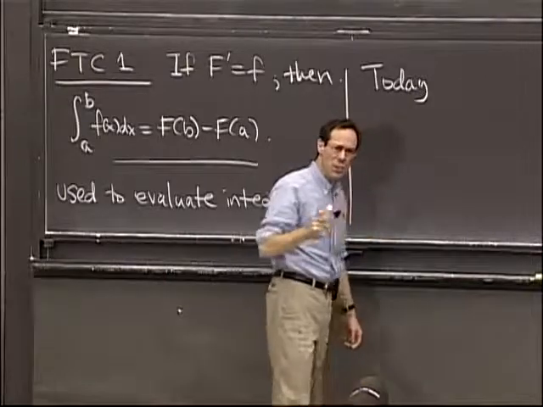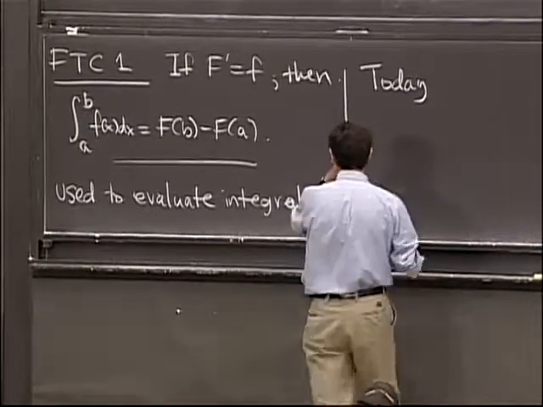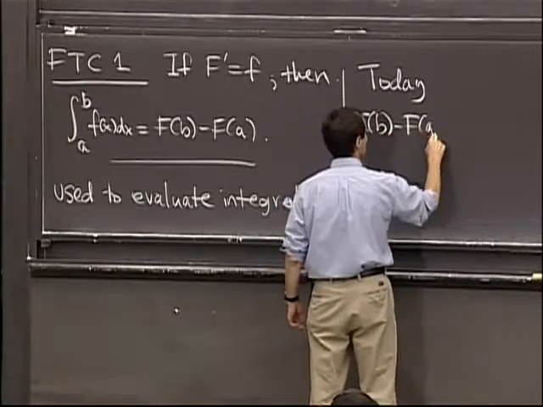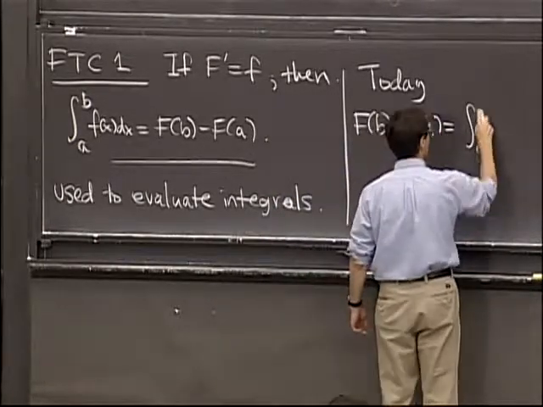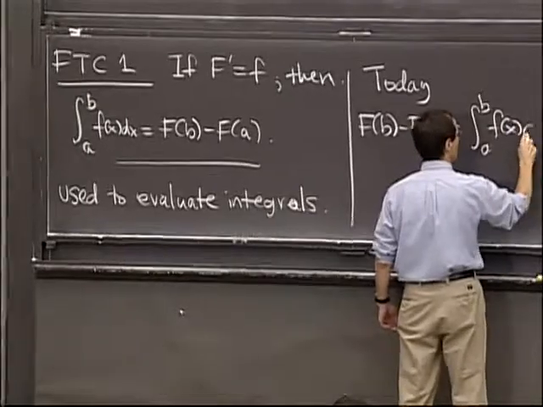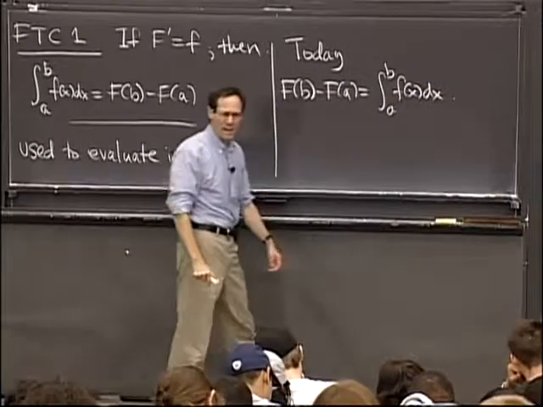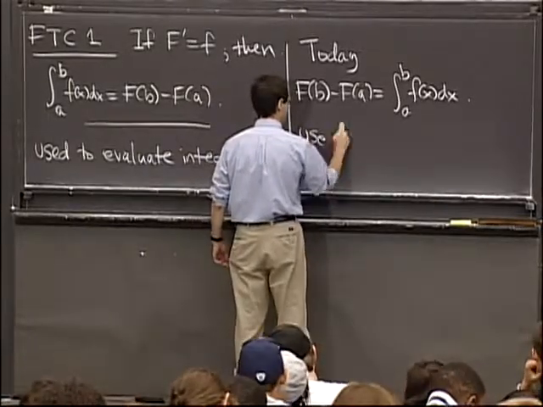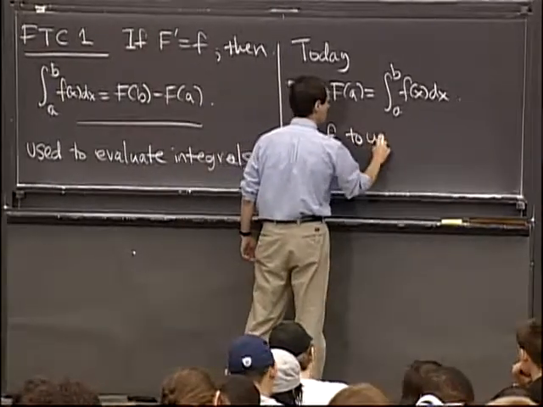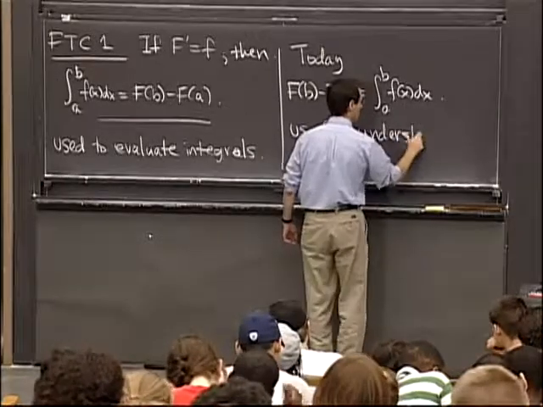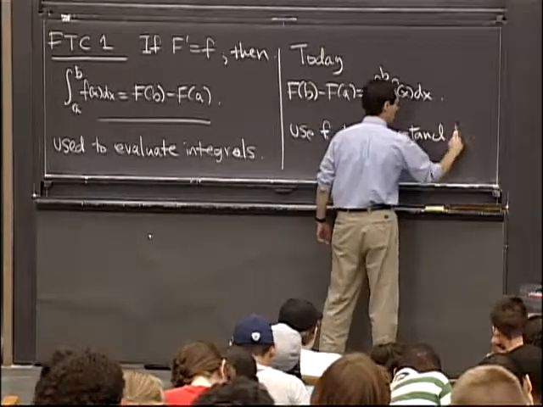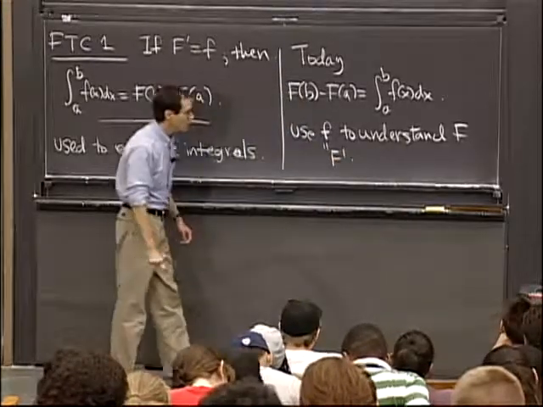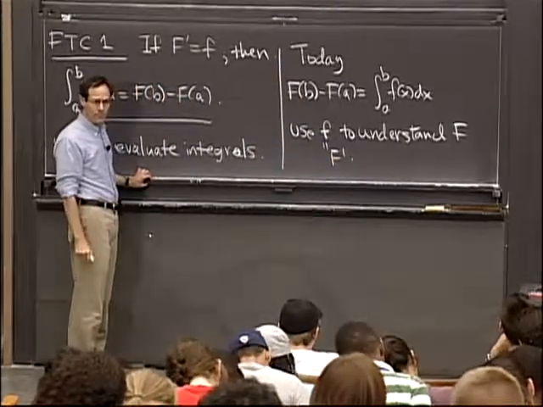We're going to read the equation backwards, and we're going to write it this way. And we're going to use f to understand capital F. In other words, the derivative, to understand the function.